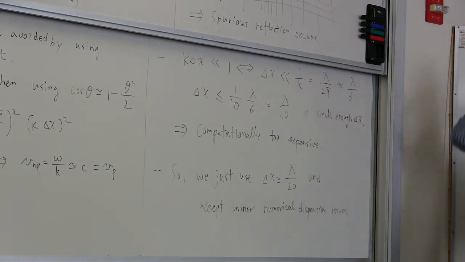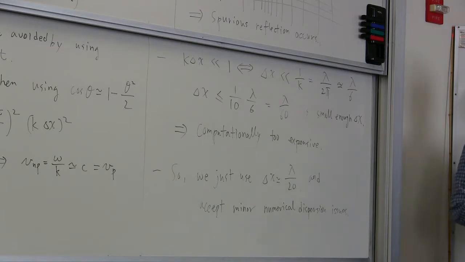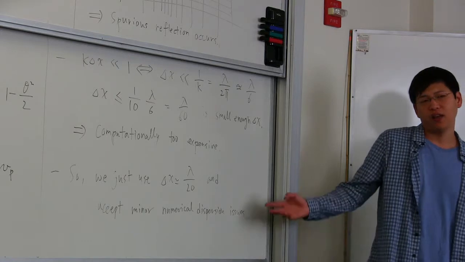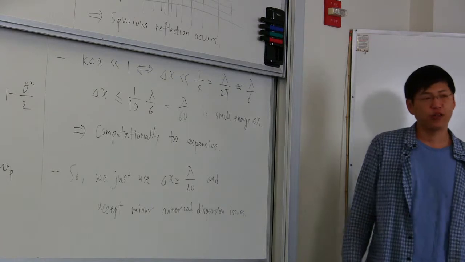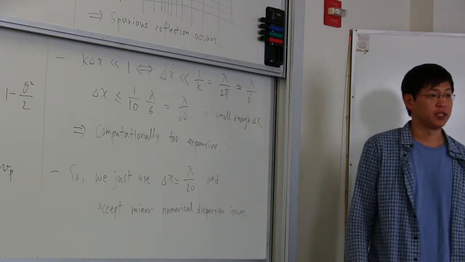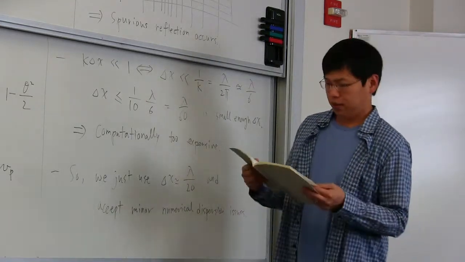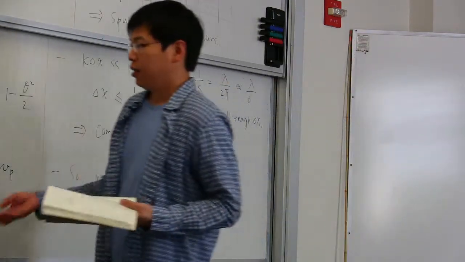Okay, so if delta x is around lambda over 20, then the spurious reflection is not that large, so you can live with that. Lambda over 20 is kind of a trade-off between accurate simulation and performance.